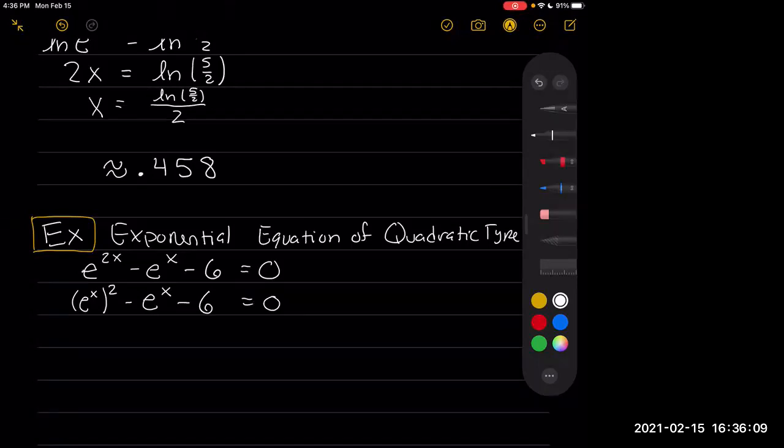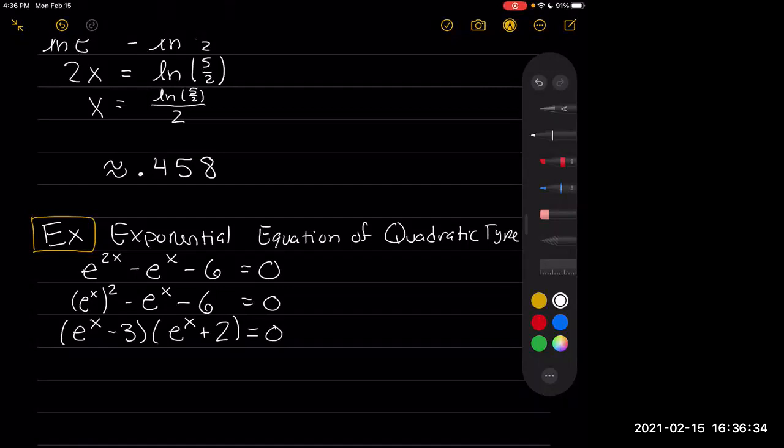You see how this is very similar to as if we just had x instead of e^x, it would look like a quadratic polynomial. Well, we can factor similarly. So we can look at (e^x minus 3) times (e^x plus 2), because if we factored this out, this equals 0, we would end up with this original equation above.